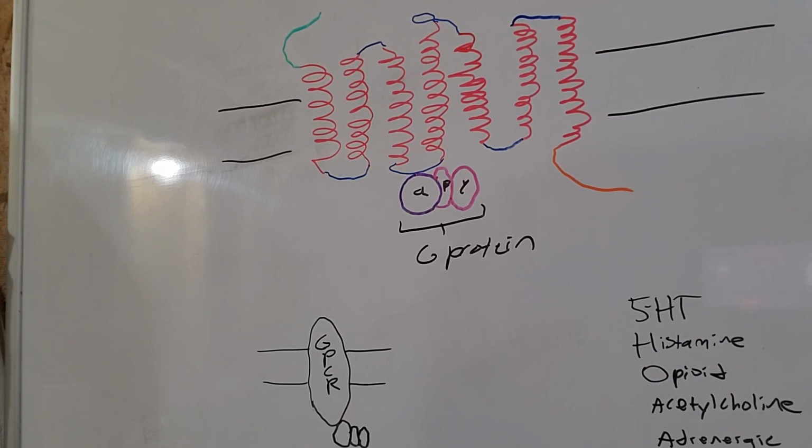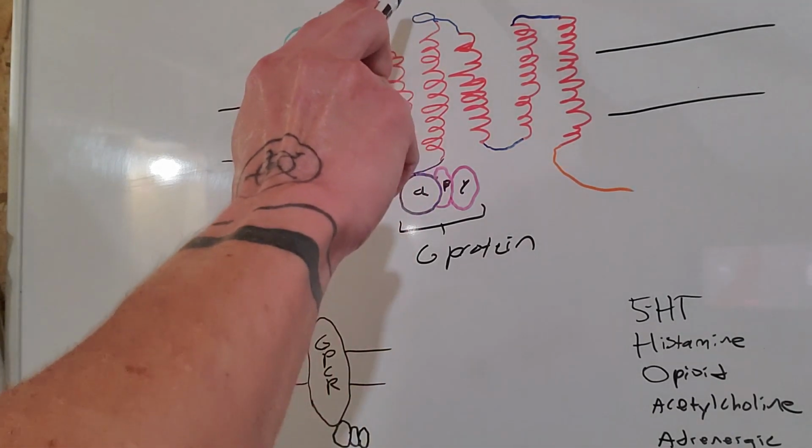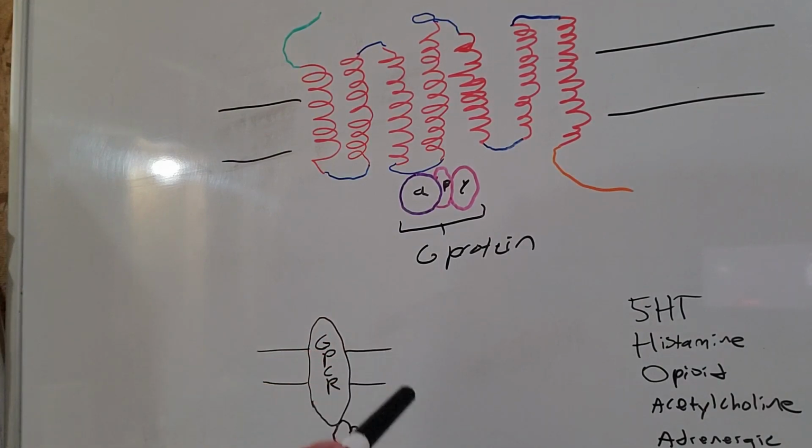Usually, in the case of central nervous system GPCRs, we're talking about a ligand binding to the receptor and eliciting a response. And so it needs to get that signal from the outside to the inside of the cell. The way that this receptor protein does that is through conformational changes.